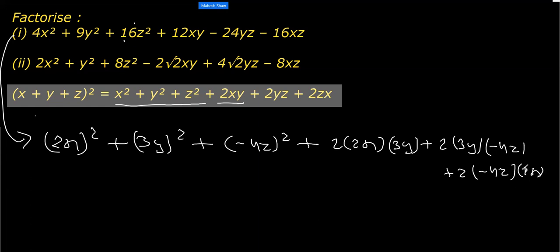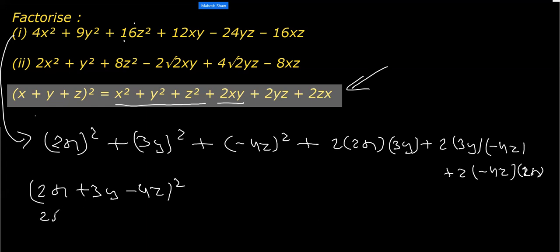You just have to remember the pattern here. So, by applying this identity, I can write this as (2x plus 3y minus 4z) whole square. This is how this question is factorized.